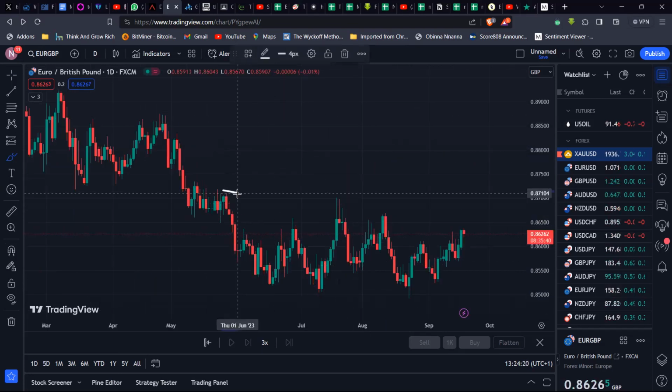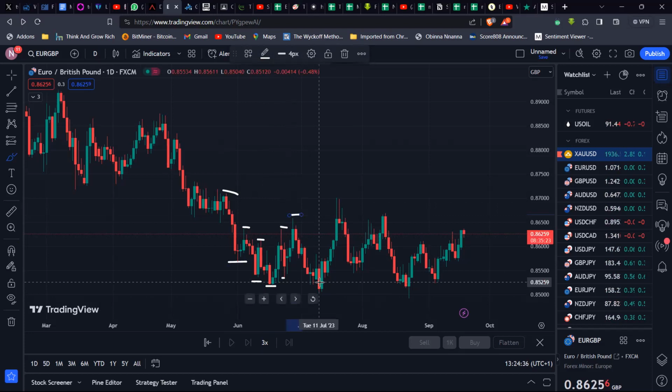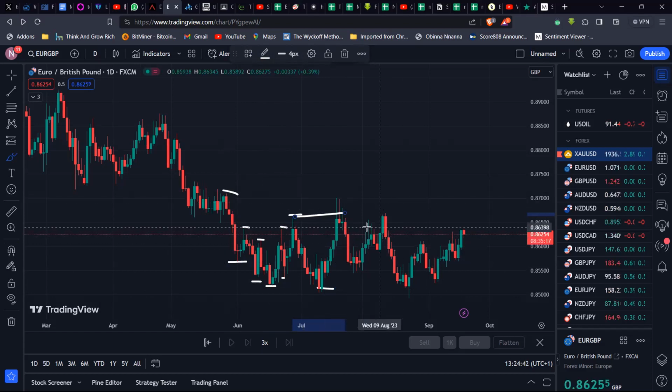We came from here, made this, we broke down, made this, we broke down, made this, go back, made this, now we broke down again, and then we also held that area, so we've not broken up yet. We failed, so all of this is fixed structure.